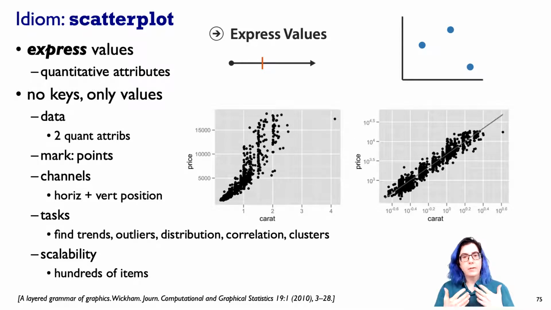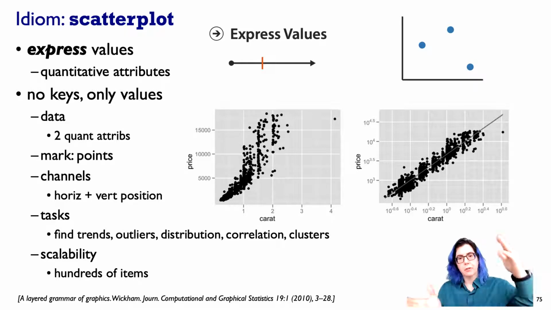Now, let's think about what tasks these visual encodings are good for. Well, they help you find trends. They help you find outliers, like many other visualizations. But you can look at distributions of each dimension independently. They're very good for finding correlation. If things are tightly along the diagonal, they're correlated.